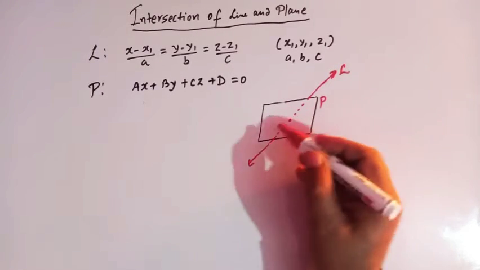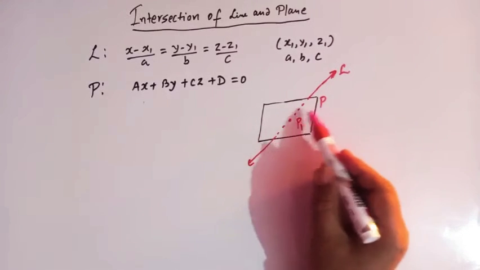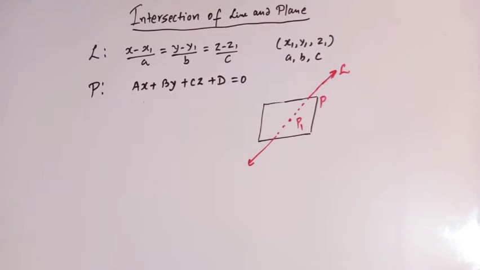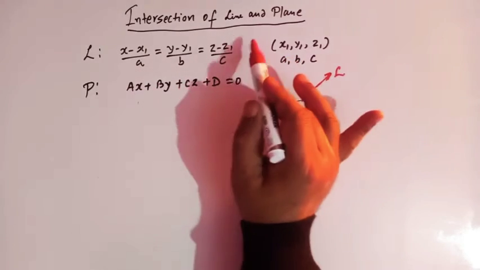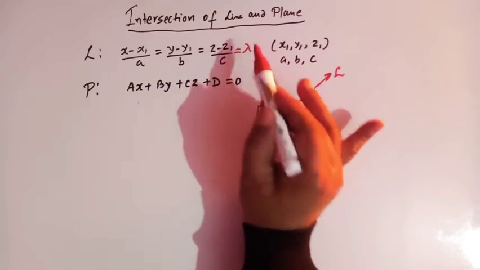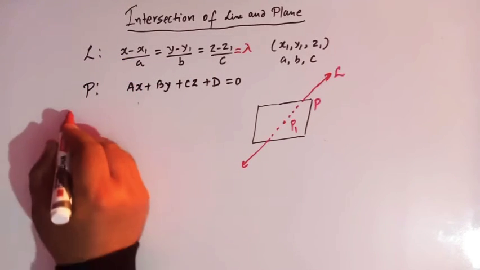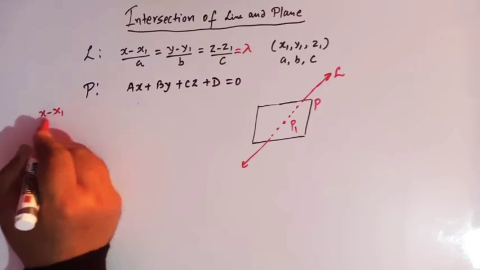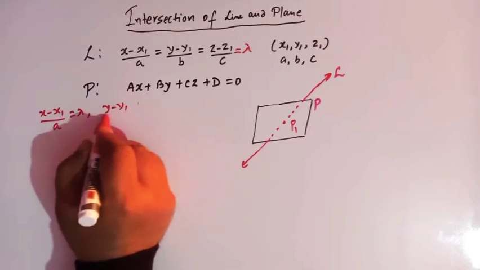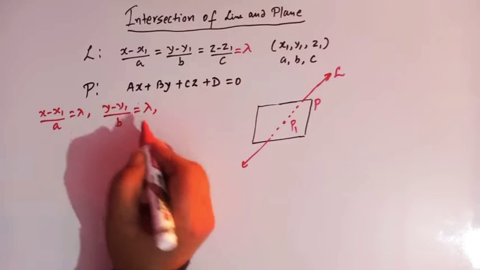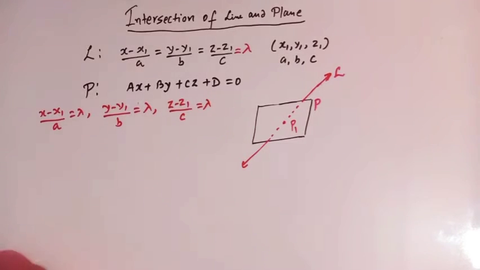Suppose say P1 is the point of intersection of the line L and the plane P. Let us take here a scalar lambda, right? And if we form the equations, say (x minus x1) divided by a is equal to lambda, (y minus y1) divided by b is equal to lambda, and (z minus z1) divided by c is equal to lambda.